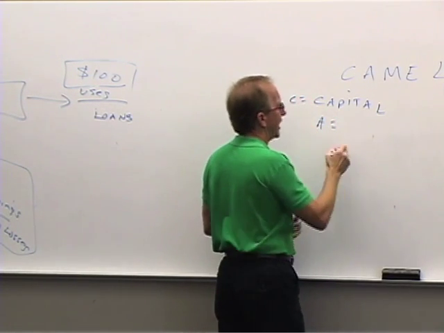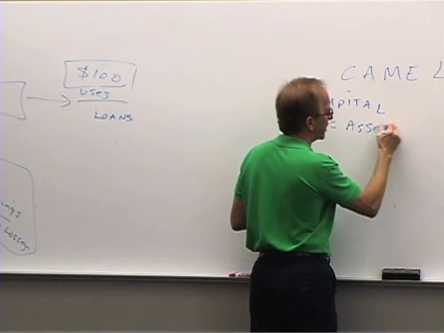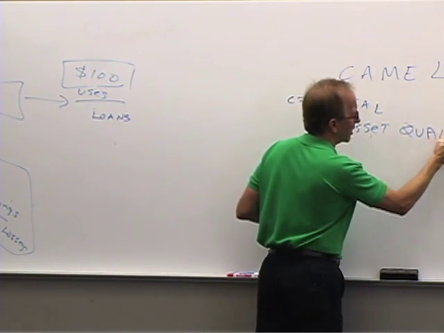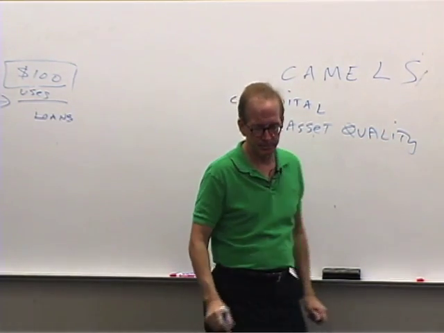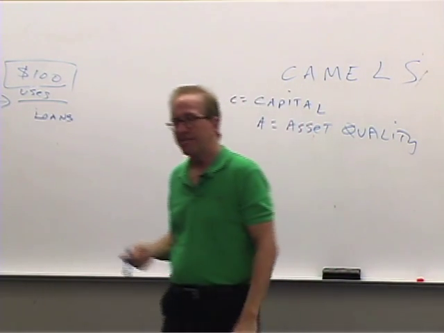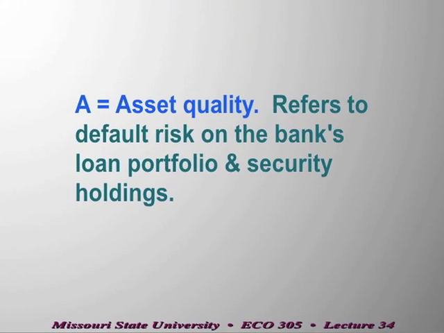I'll say A, asset quality. Chiefly, since 2/3 of the assets are loans, we're chiefly looking at, hey, default risk on these loans. Okay? And that default risk is evaluated in different ways. Back in the old days, what they'd have is like a little manila folder with your name on it if you were the borrower.